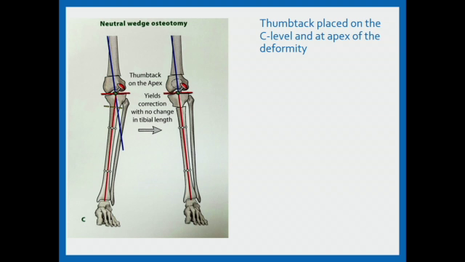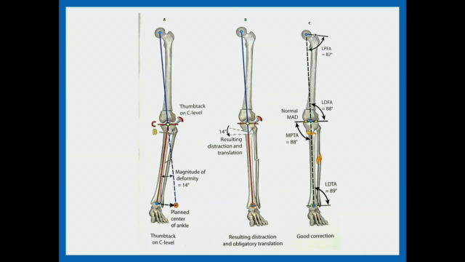If you put the thumbtack at the C level and at the apex of the deformity, then it will be a neutral correction. So there will be a varus on one side and valgus on the other side with minimal translation. So this is how you see an example. So you're doing a proximal tibial osteotomy.